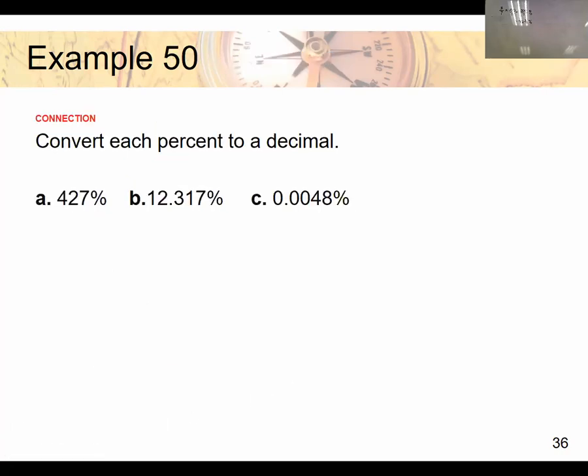All right, now 427%, and I'm going to change that to a decimal.